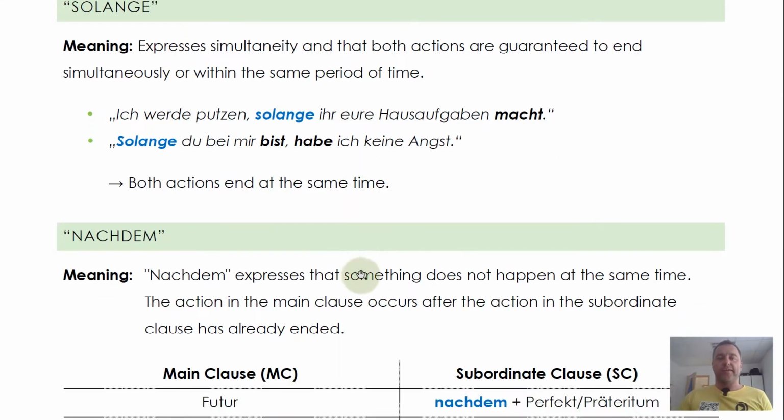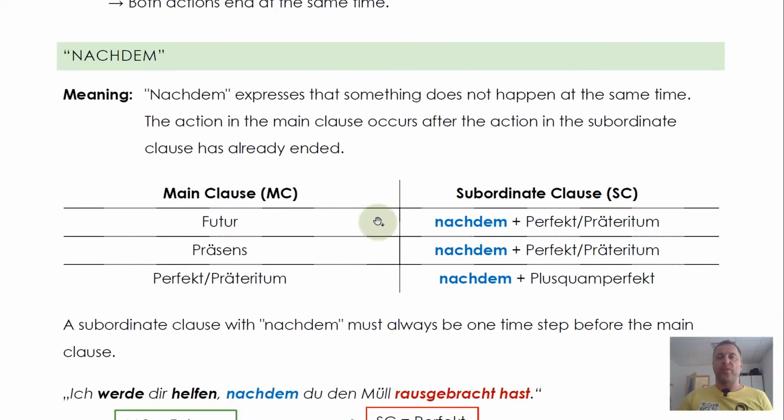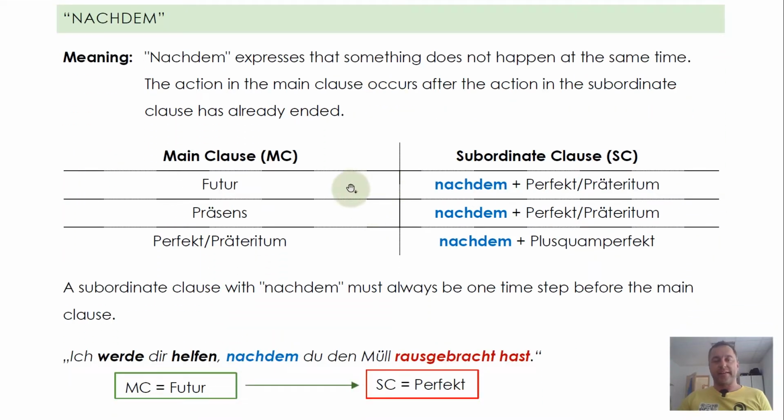And now let's have a look at one of the most important ones. It's nachdem, so after. And with nachdem, we express that something does not, pay attention, not happen at the same time. So far, we talked a lot about things that happen simultaneously. Now we're talking about the stuff that's not happening at the same time.